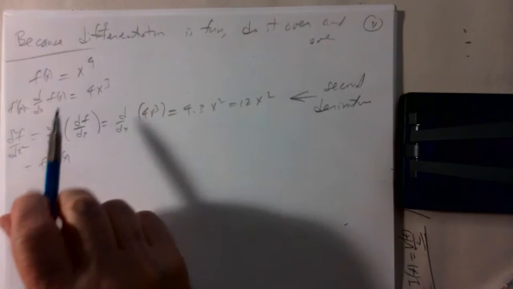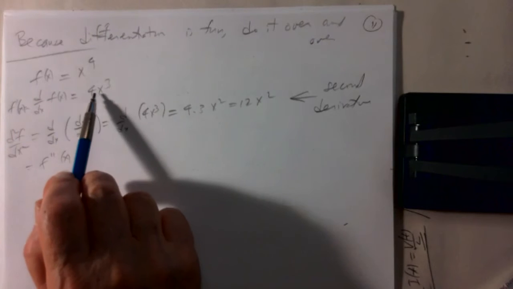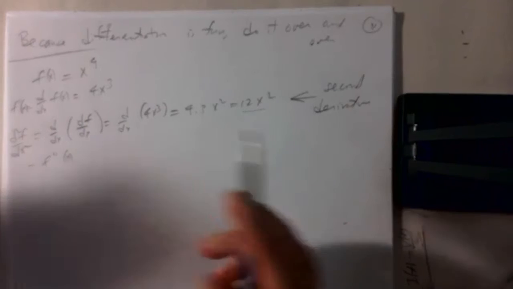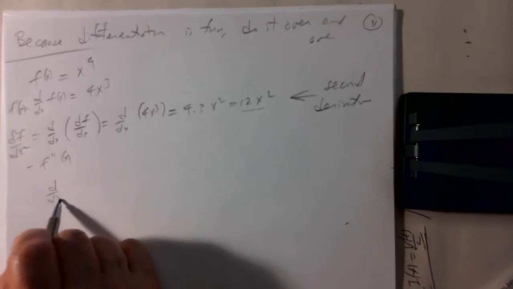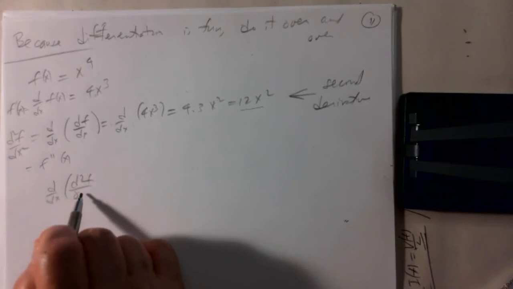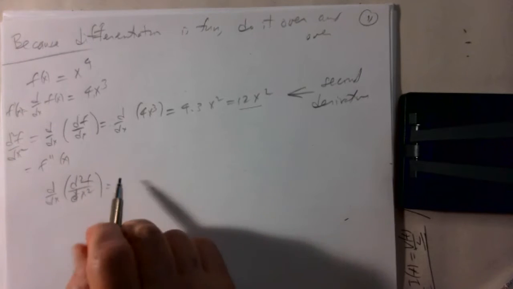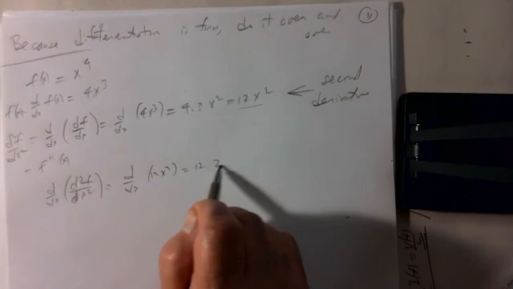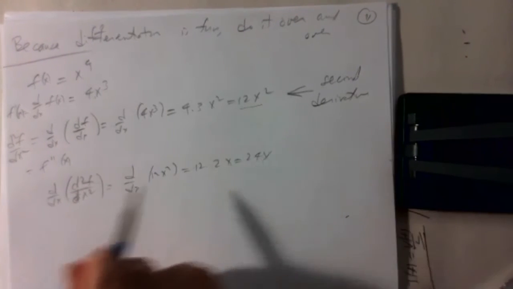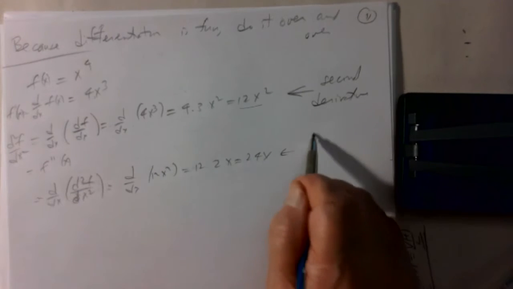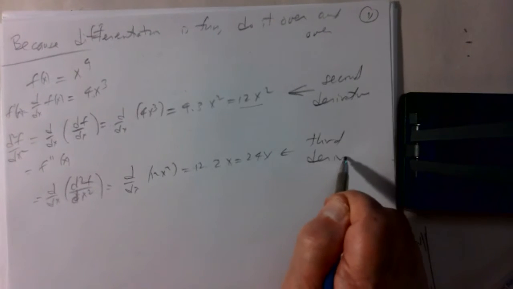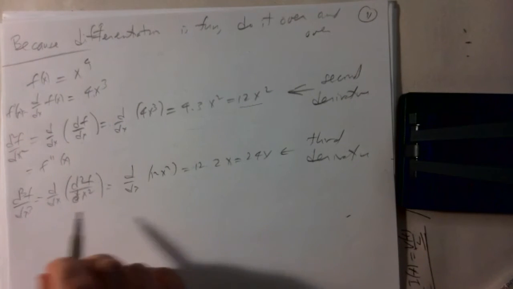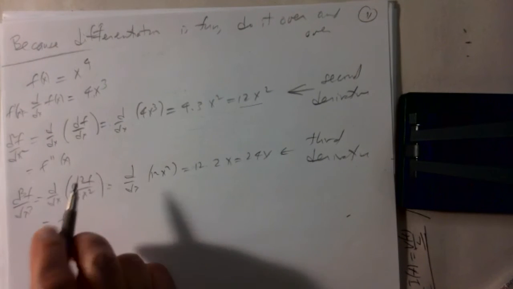All right. So if you take this function, you differentiate it once, you get this. If you differentiate the derivative, you get this. Let's keep going. Suppose I want to take the derivative of the second derivative. So that's the derivative of 12x squared. That's 12 times 2x, or 24x. So we call this the third derivative. Write it like this, or f triple prime of x.